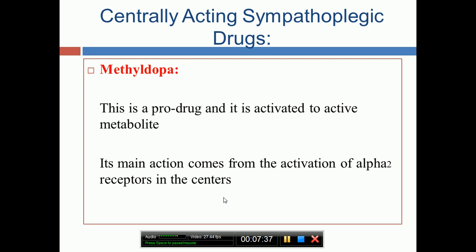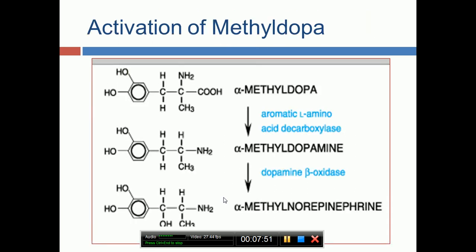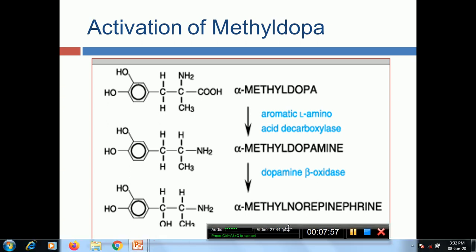It means that it needs bioactivation through metabolism, while its main action comes from the activation of alpha 2 receptors in the centers. Here, this is the activation of methyldopa. Here you can see alpha methyldopa is administered.